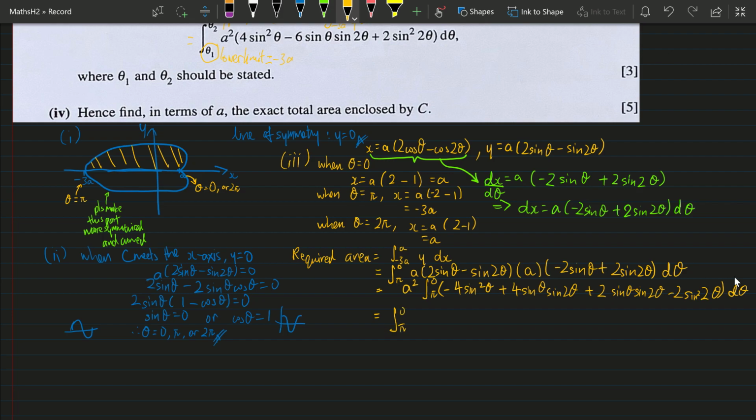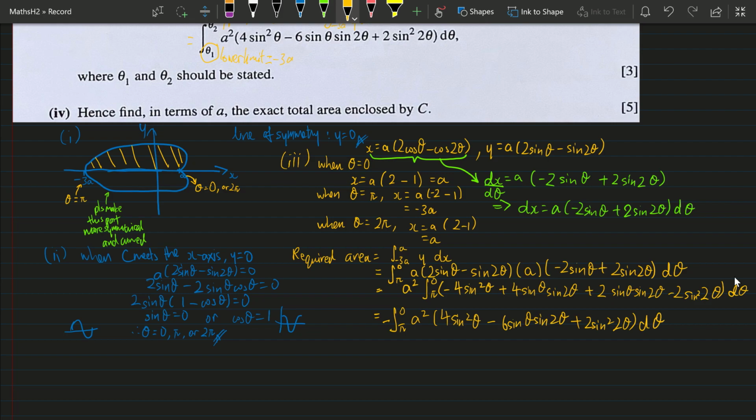Pi to 0 a square, then this is 4 sine square theta. We need to factorize out the negative. This is part of showing, because it's a show problem, so it's a bit more involved. So we're going to factorize out the negative sign to get to the form which they require. Close bracket d theta.